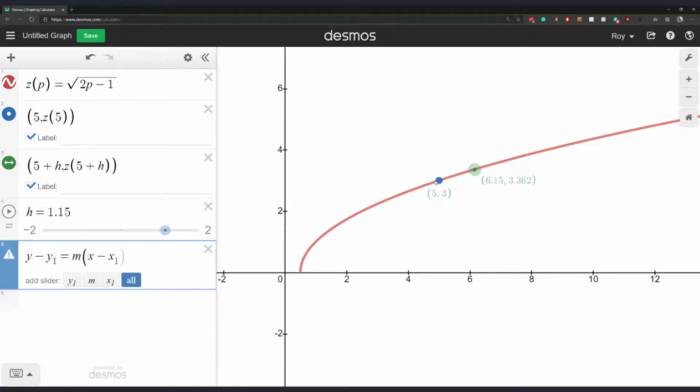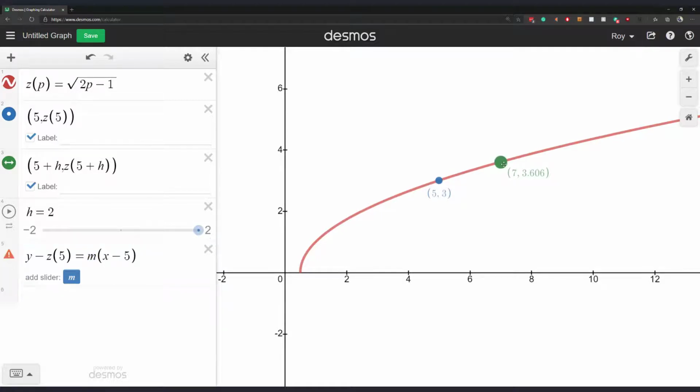Well, 1 point will always be on our line when we're dragging this second point around. The 1 point that will always be on our line is 5, z of 5. So I'm going to let x sub 1 be 5 and y sub 1 be z of 5. But yet it still doesn't know what m is. That's because m is the slope connecting this anchor point 5, 3 to this point that I'm dragging.